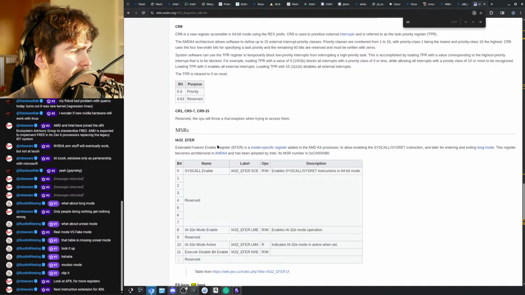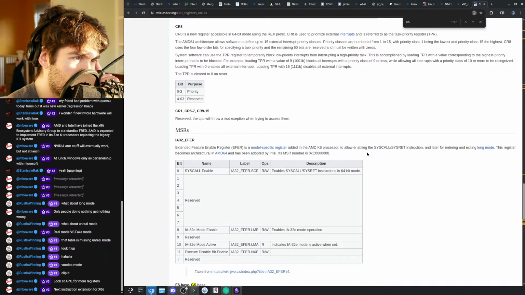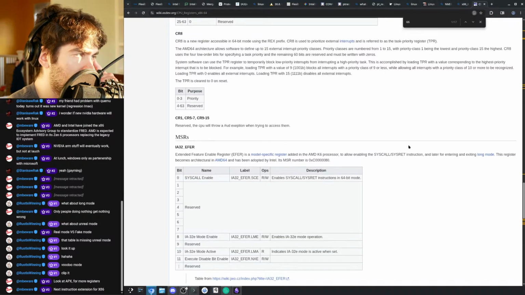Extended feature enable register is a specific model register added in the AMD K6, to allow enabling the syscall sysret instruction and later for entering long mode. Okay, cool, but I don't give a fuck.